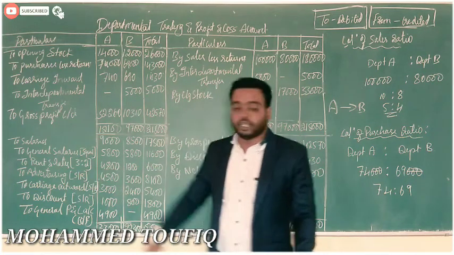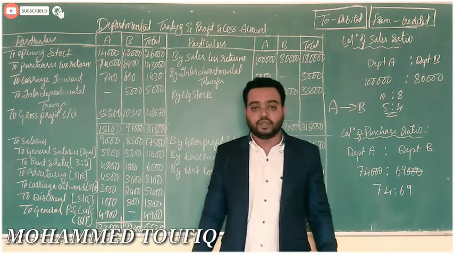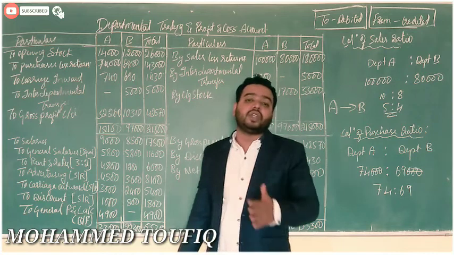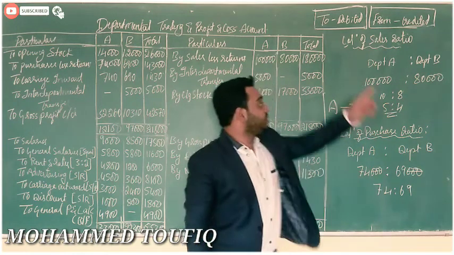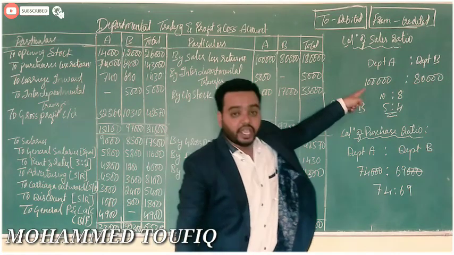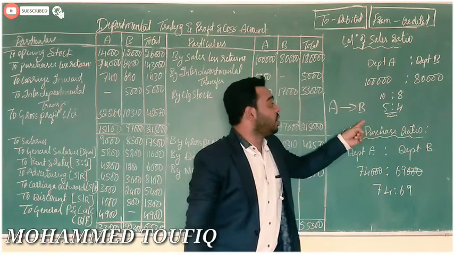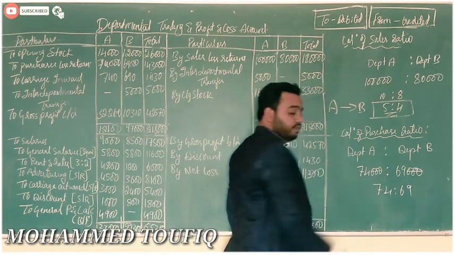Next, advertising. As you all know, advertising is a selling expense. If it is a selling expense, then this particular expense should be allocated on the basis of sales ratio. The sales ratio we have calculated: net sales of department A is 1 lakh, net sales of department B is 80,000. So this is how you will get a sales ratio of 5:4.